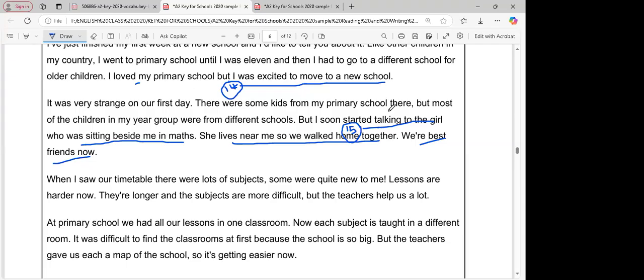There were some kids from my primary school there, but most of the children in my year group were from different schools. But I soon started talking to the girl who was sitting beside me in maths. She lives near me. So we walked home together. We are best friends now. So about best friend, they walked home together because she lives near, and she was sitting beside her in maths.